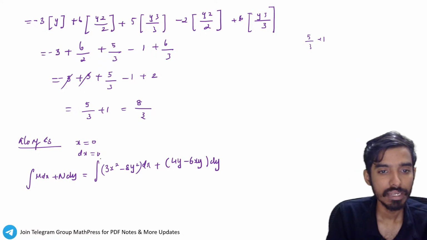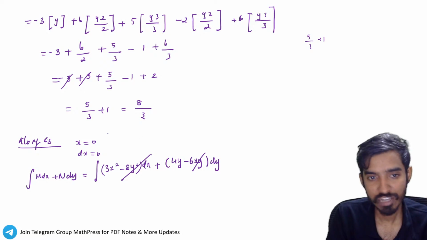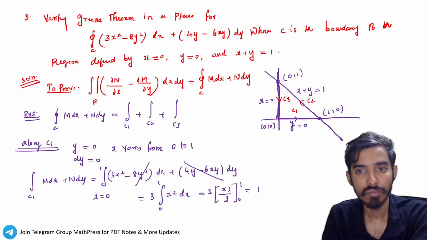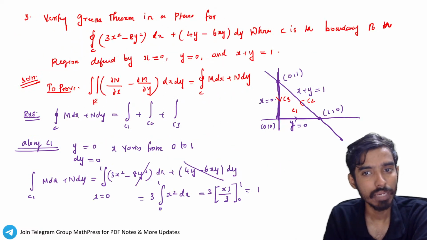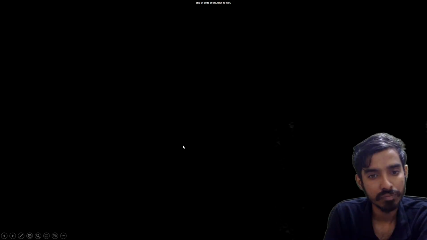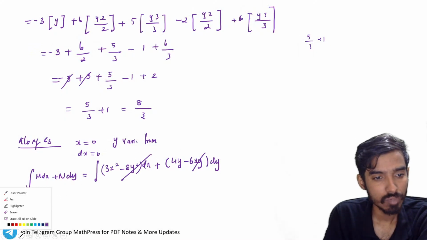So here x is 0 and dx is 0. So we have everything in terms of y. Where does y vary from? Y varies from 1 to 0. Remember, direction is important. Y varies from 1 to 0.